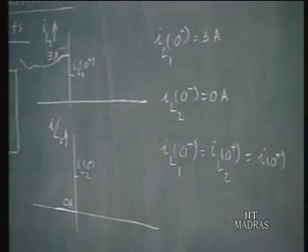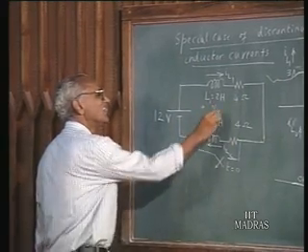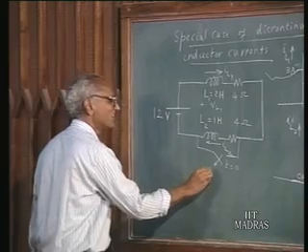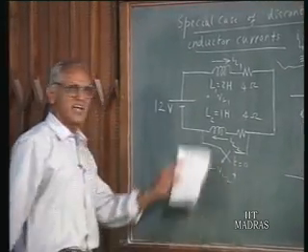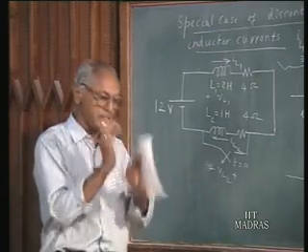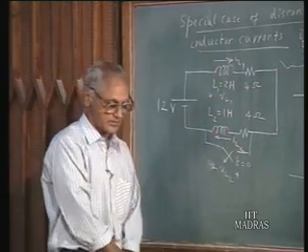Then there must be the voltage across this inductor, VL1, and the voltage across the inductor, VL2. They must have sudden jumps in current, therefore there must be impulses present in this voltage as well as this voltage.